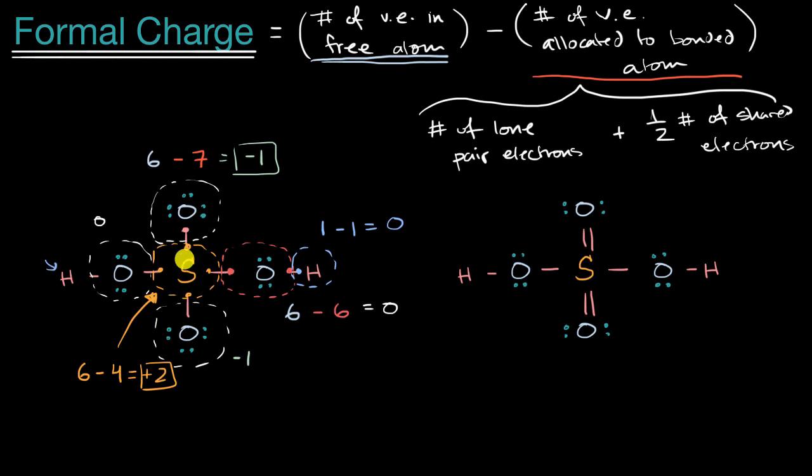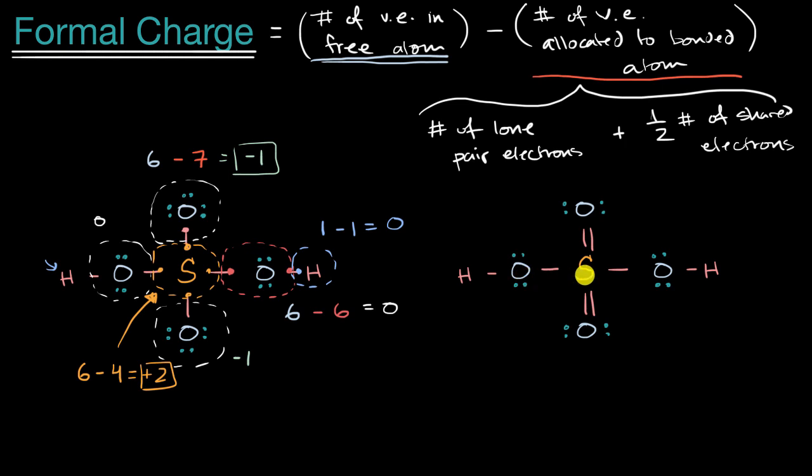So we've now calculated the formal charge on everything. The top and bottom oxygens have formal charges of -1, and the central sulfur has a formal charge of +2. And a good check on formal charge is that when you add up all the formal charges, it should equal the charge on the entire molecule. And this adds up because +2 minus 1 minus 1 is 0, and this entire molecule is indeed neutral.